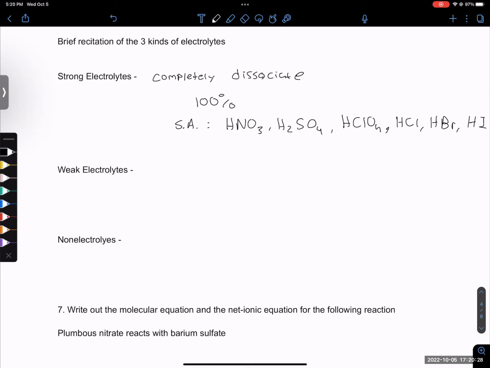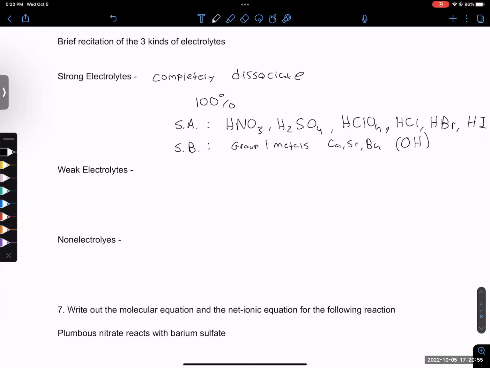And strong bases include what? Sodium, so group 1 metals, and then we have calcium, strontium, barium that are bonded to what? Hydroxide.